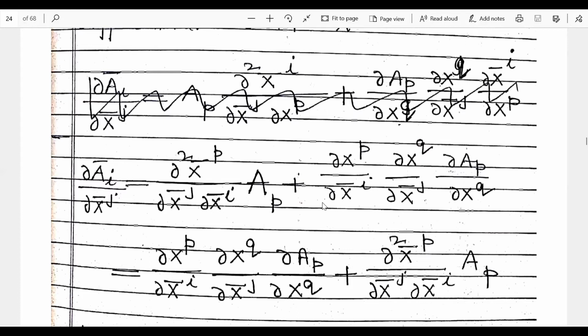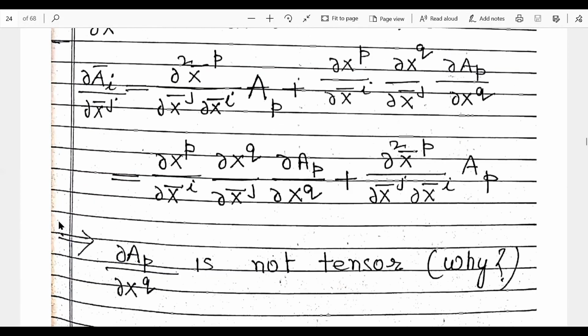So this term ∂xp by ∂x bar i stays the same. I repeat, we want to differentiate with x bar j, but we cannot differentiate directly, so we introduce a simple x variable xq. First we differentiate with respect to xq, then xq is differentiated with respect to x bar j. So we get this term.